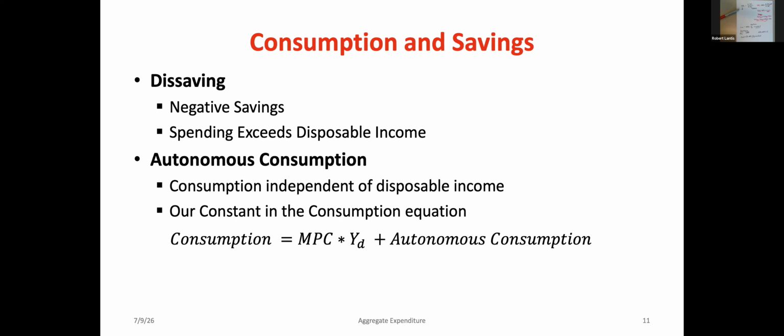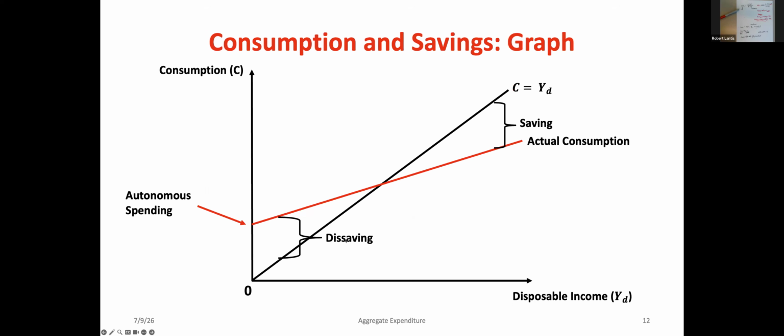Okay. So we're going to use this equation for consumption. And then on a graph, we could think about when consumption is greater than my disposable income. If my actual consumption is in fact less than my disposable income, or what I could be consuming, then we must have a level of savings.